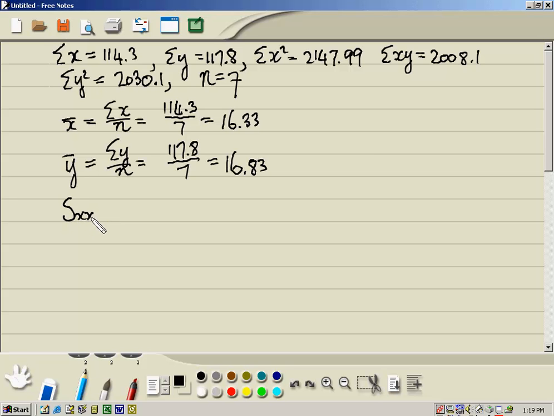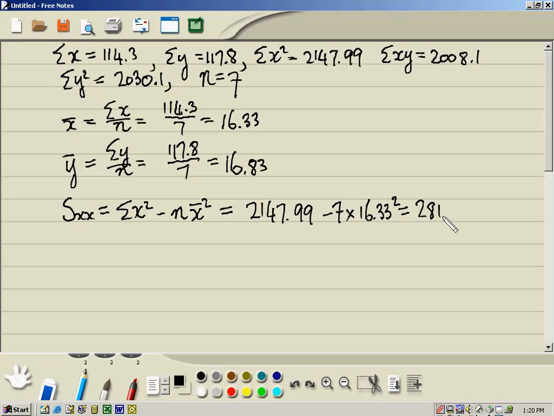We can then get our sum of squares of x, Sxx, which is sigma x squared minus n times x bar squared. Sigma x squared is 2147.99 minus n of 7 times x bar 16.33 squared, and the result for that is 281.3.